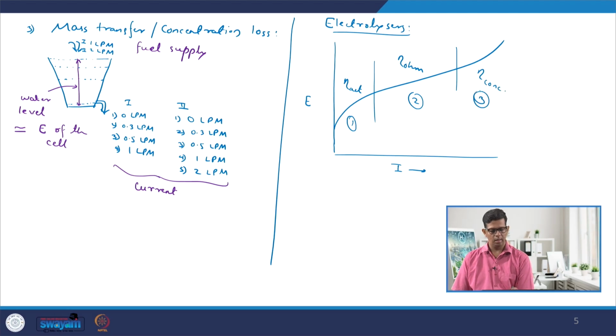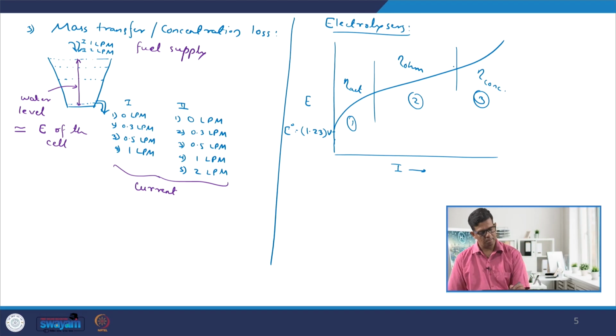If the cell is operating at standard temperature and pressure conditions, the E naught is basically minus 1.23, or I can write 1.23 minus, as a symbolic sign, which means that we have to supply the energy. So, this is our E naught. It is the minimum potential that we have to supply in order to break the water. So, the current-voltage curve will start at 1.23 volt.